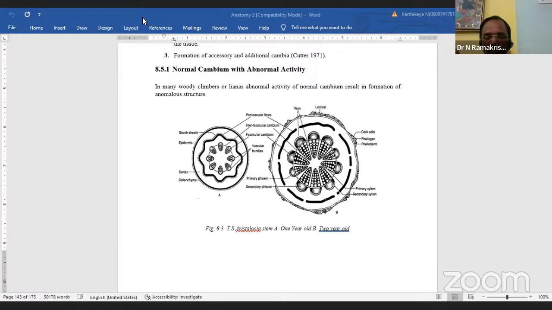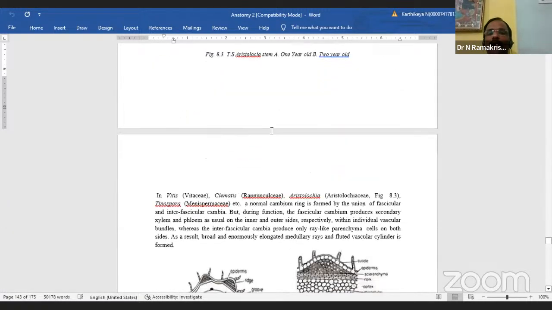The cambium forms vascular tissues in the region of the bundles, particularly the region of the bundles. The parenchyma between the vascular bundles, as a result, the original vascular bundles remain discrete throughout the secondary growth. So we call this a normal cambium with abnormal activities.